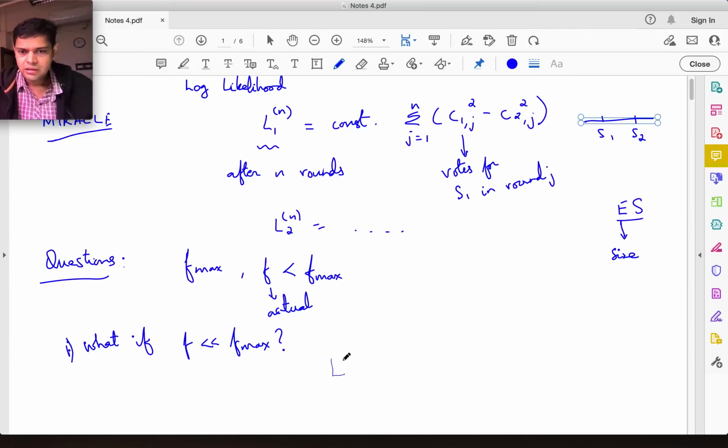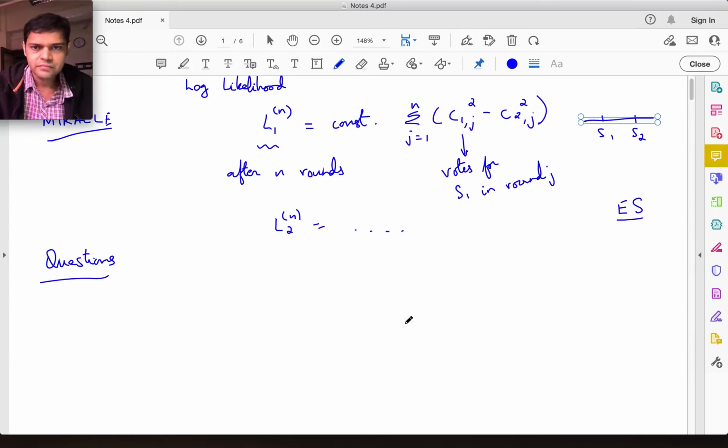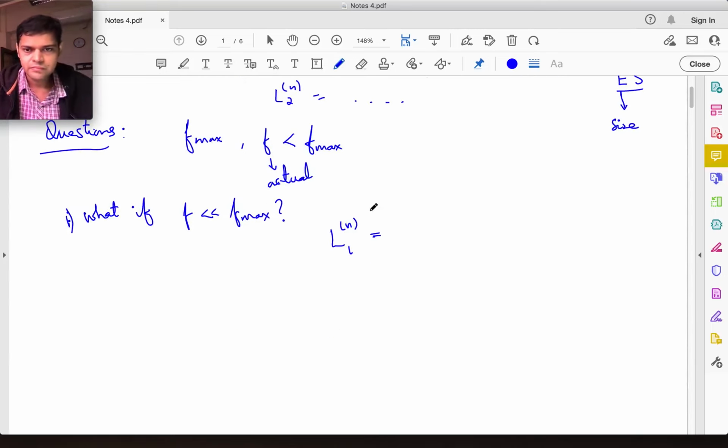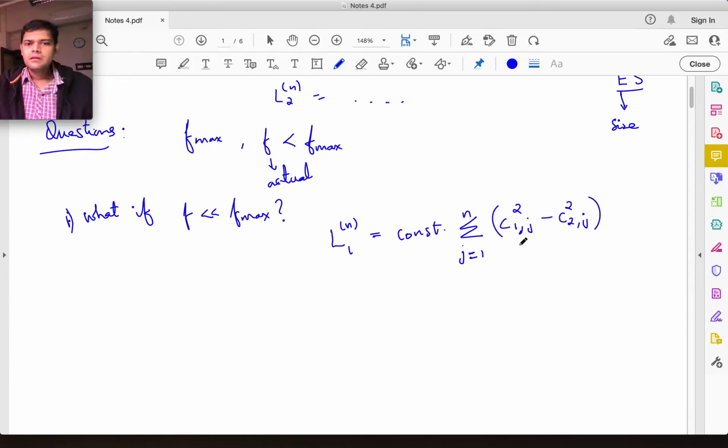Let's think about it. Ln has this form which we've shown above, and we sum over all j. Now if F is much smaller than Fmax, what does it mean?